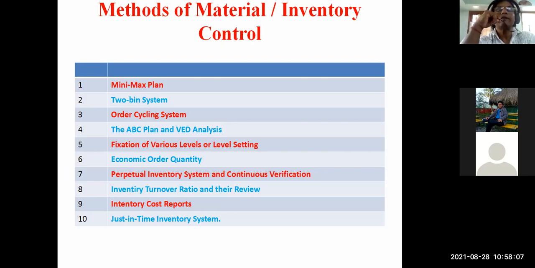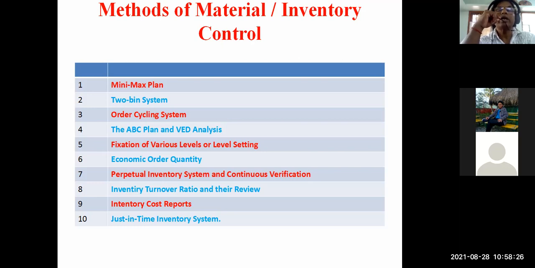Perpetual inventory, I have told you in the other class also. This is also a method of inventory control. Perpetual, continuously you verify. When you receive, you record; when you issue, you record. Every day, every time balance is available, continuous verification. So this gives a proper control.